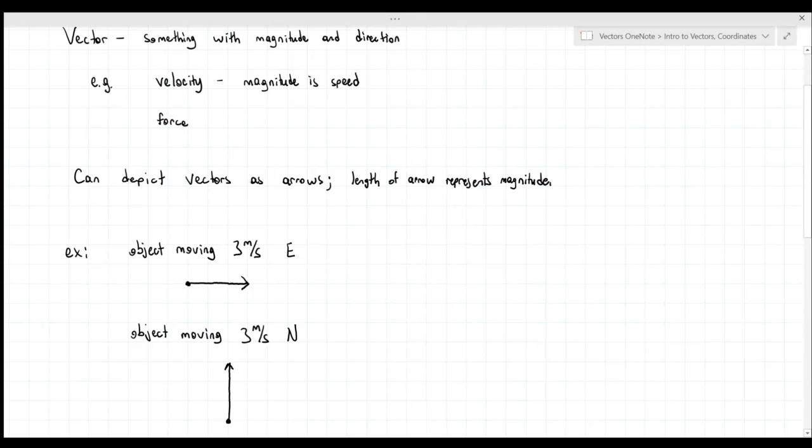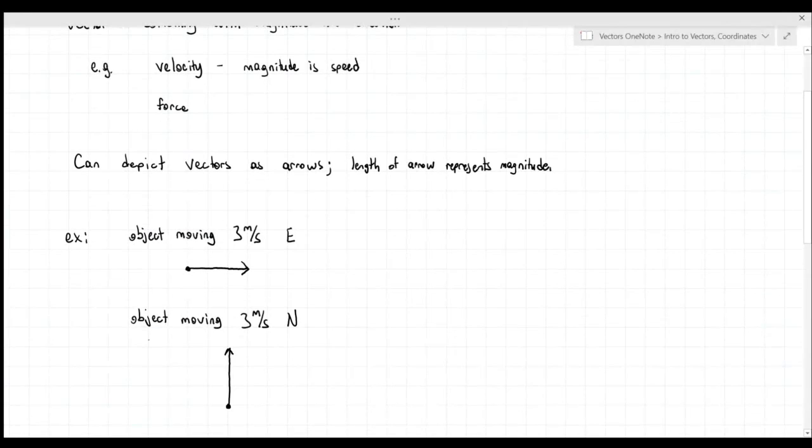If I wanted to draw a picture of that, let's say east is pointing towards the right. Here I've drawn a vector which has a length of 3, as you can see. That would represent the fact that its magnitude is 3 meters per second.